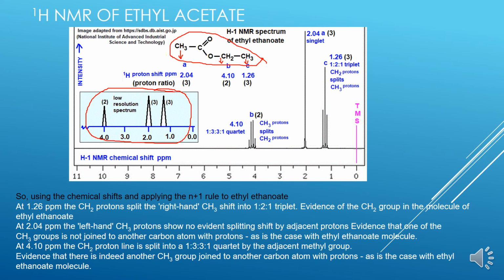As far as the methylene group is concerned, there are three neighboring protons. Therefore, the CH2 methylene protons split into a quartet. The methyl of the ethyl group splits into a triplet, because two neighboring protons are there.